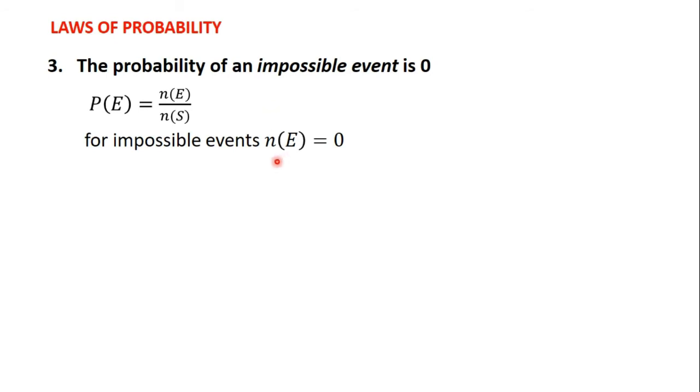So the number of elements in E, which is the event, is going to be 0. This means that we can replace n(E) with 0, and this will give us 0 divided by n(S), which is also 0. So this is the proof that the probability of an impossible event is 0.